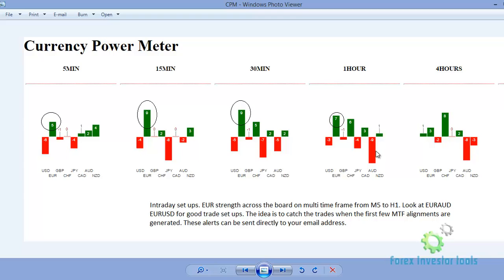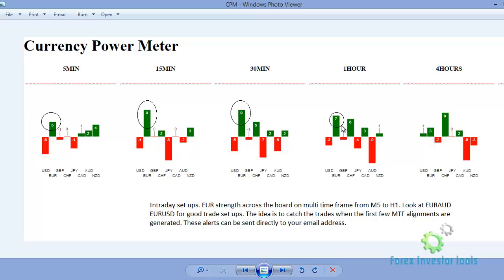Because I'm not looking to make 50, 100 pips. I'm not really targeting that. Of course, if the move is really strong, then you would get it. But if you're targeting maybe 15, 20, 25 pips, then this should be enough to push your trade in that direction and grab those pips.